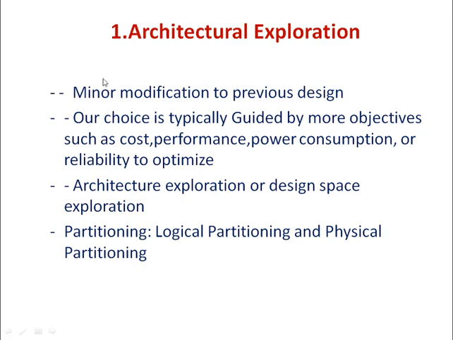Even if I want to alter a particular design, it should be a minor modification. Of those possible designs, some would violate the constraints and so they would not be feasible designs. Others would satisfy the constraints, so we would choose one among them.